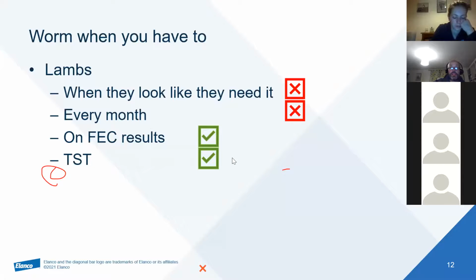So you'll still maintain the same performance that you would have had if you'd wormed them every month, without the wormer cost, without that drive to develop more resistance in the worms. Yeah, so that's a good thing to think about doing for the future if you're not already thinking about it now.